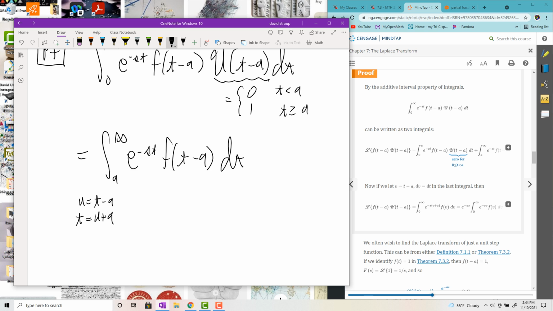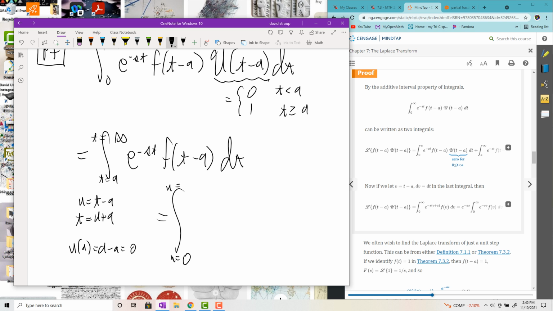All right, so this integral right now is going from t equals a to t equals infinity. So if you plug in t and you want your new integral in terms of u, going from u equals something to u equals something, plugging in a for t will be a minus a, which will be 0.